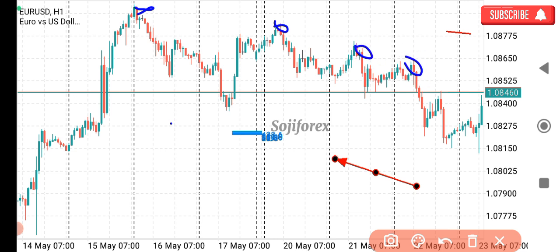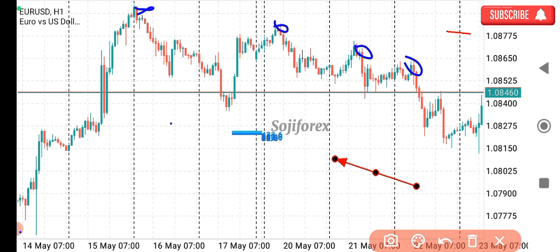So if I am to draw my trend line, I will need adequate knowledge of the structural point, which is the lower high. And why am I marking the lower high?